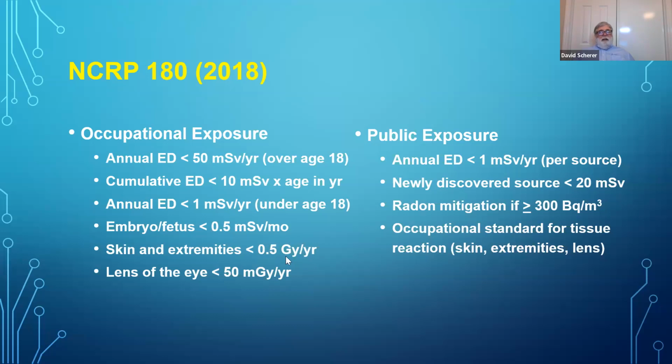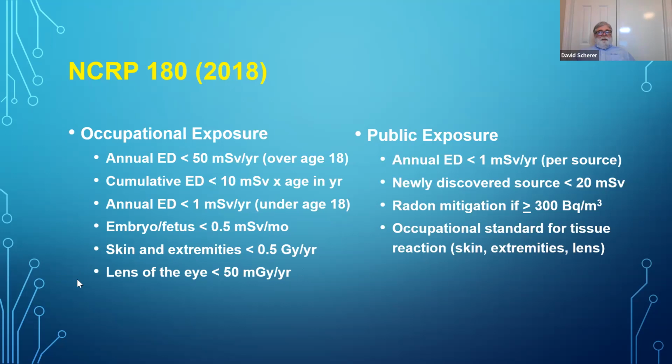The sieverts now have a tissue weighting factor that's based on stochastic risk of cancer induction. The endpoint we're trying to protect against here for individual organs and extremities is not a stochastic risk, but a tissue reaction. Same thing for the lens of the eye.